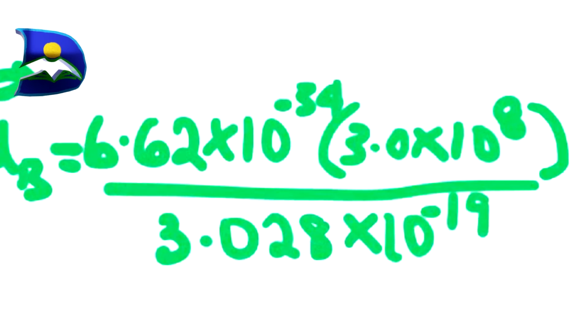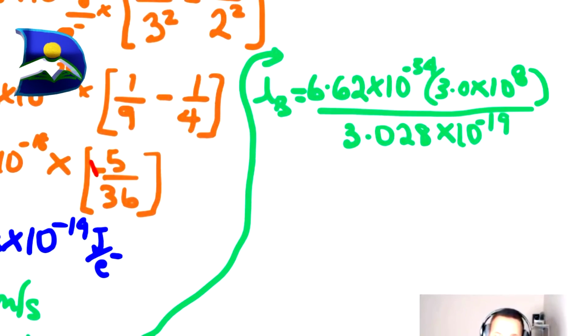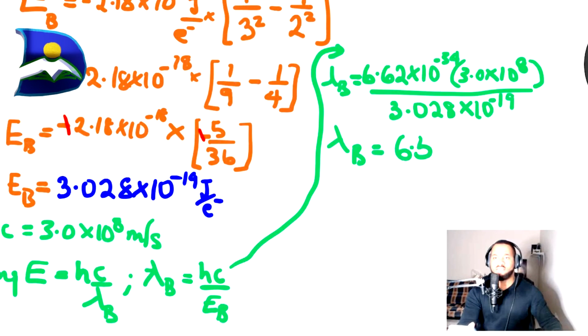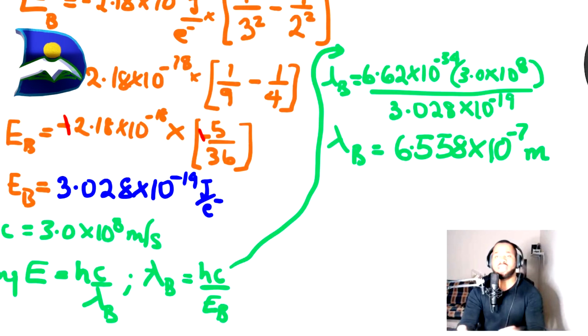Take note here that the units must match up, and once they do, we're able to determine our answer, which is equal to 6.558 times 10 to the negative 7 meters, or you can transform it to nanometers.